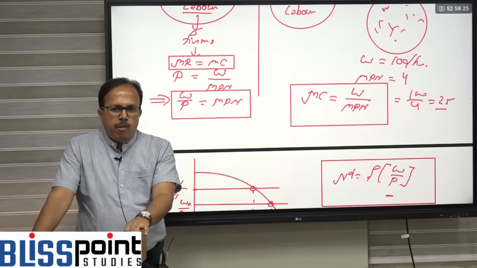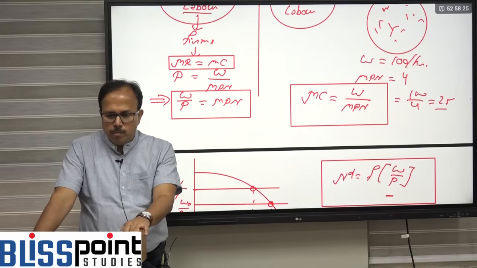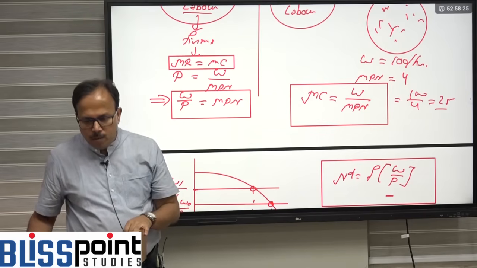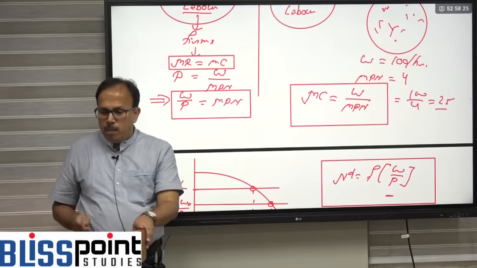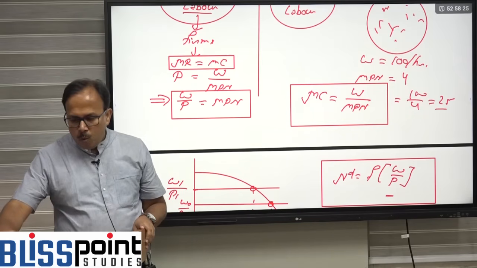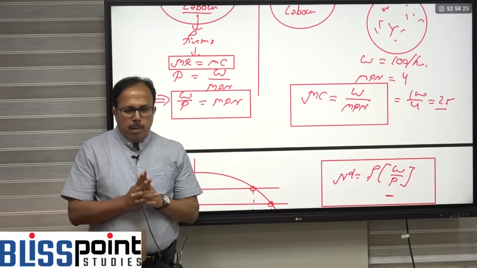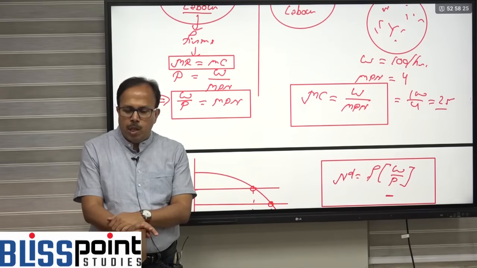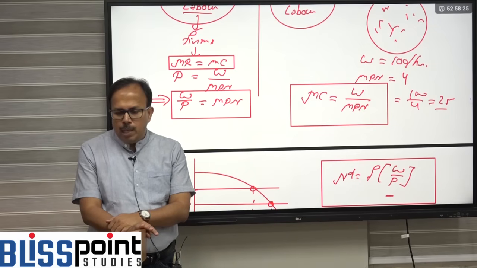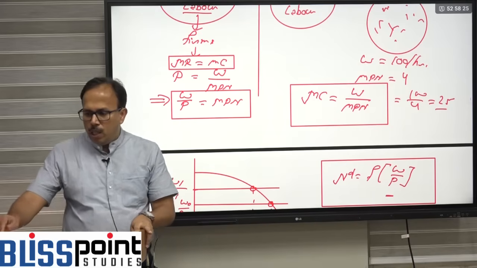Therefore, at profit maximization, quantity of labor demanded by a firm is determined by equality of real wage, that is W by P, and MPN.